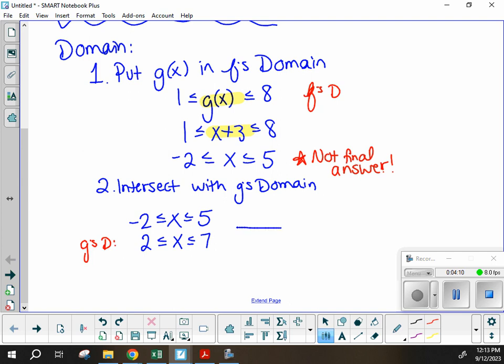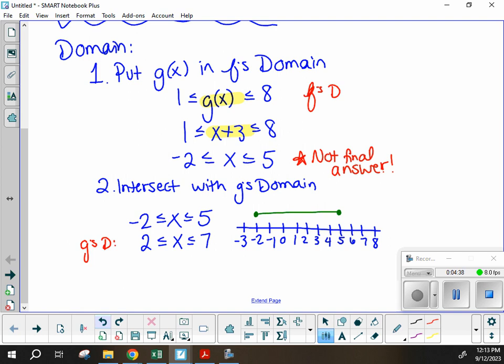So if you want to make it a little visual problem, we could here. Let's go from, maybe I'll go -3 to 8. Just fill that out real quick. And I'm going to draw those on a number line. So -2 to 5, that falls right here.